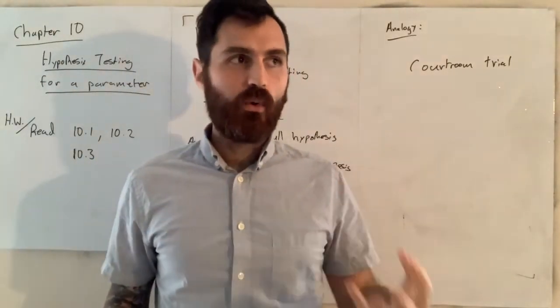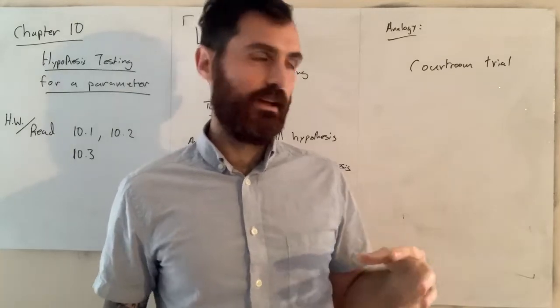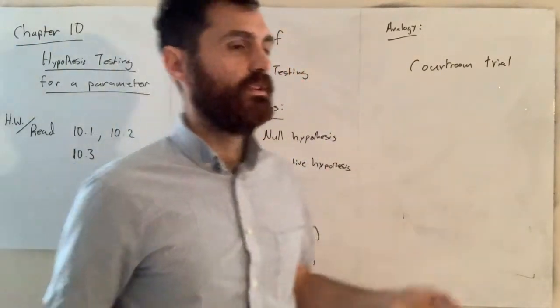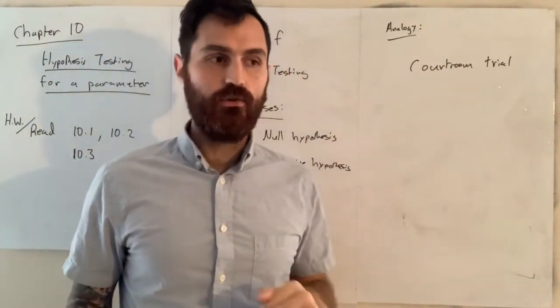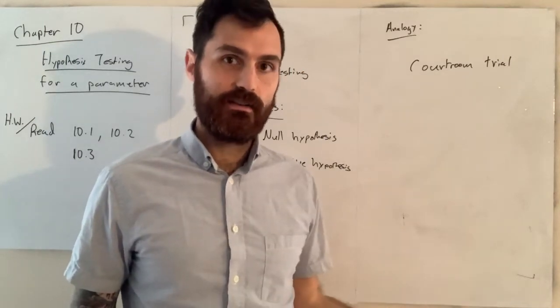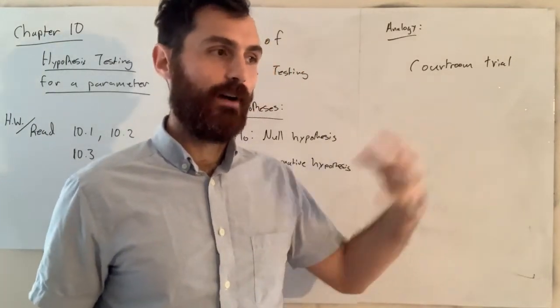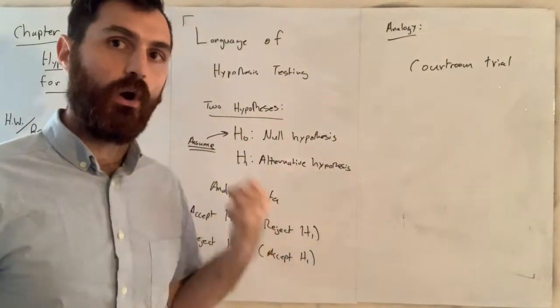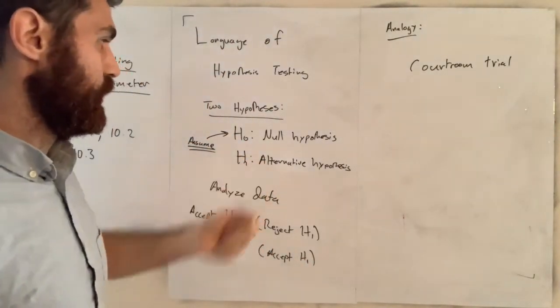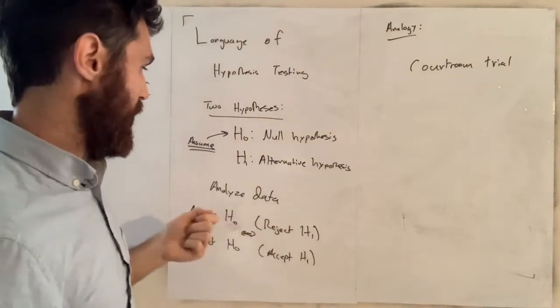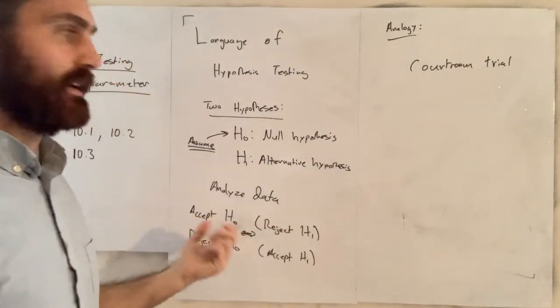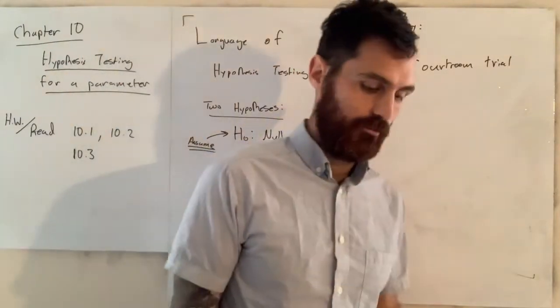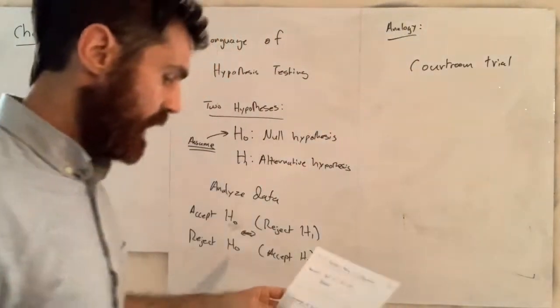One important wordplay thing is you don't declare their innocence. You don't ever find that they're innocent or find that they're not innocent, because that is the null hypothesis. That's what you're going in with. You either accept that they're guilty or you reject that they're guilty. So you find that. Okay.